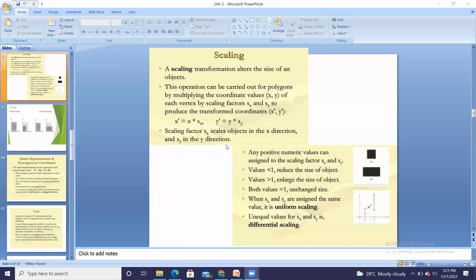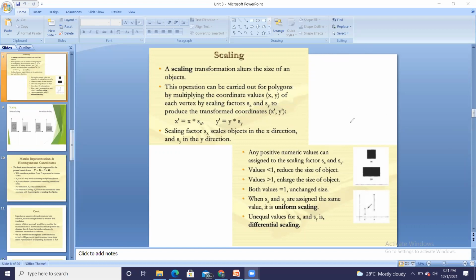Sx is scaling of the object in x direction. Sy is scaling the object in y direction. So what is the meaning of this? That I will show you. I will show now only the first quadrant for simplicity. Now consider this is my given triangle. This is the given object.